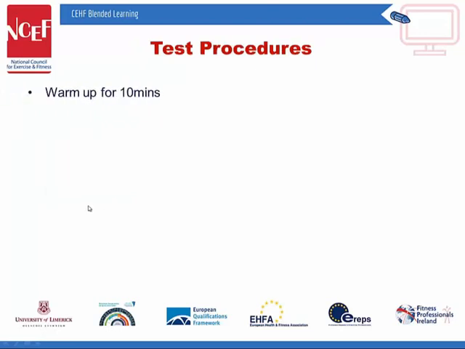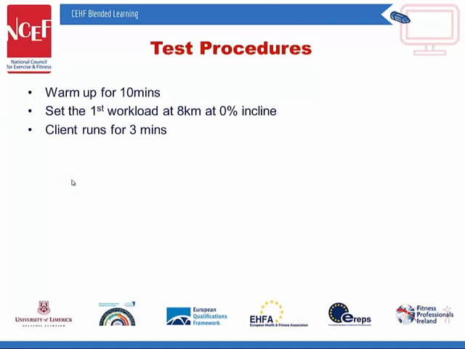The test procedures. Well, we're going to warm up for 10 minutes. We're going to set the first workload at 8 kilometers an hour at 0% incline, and the client is going to run at that workload for 3 minutes. So the stopwatch is on at this stage. Increase the incline by 2.5%, and the client continues to run for another 2 minutes.